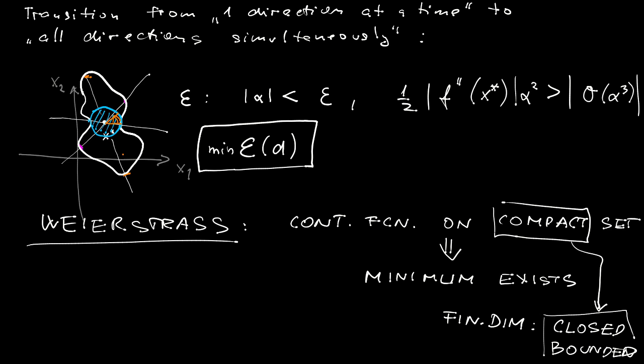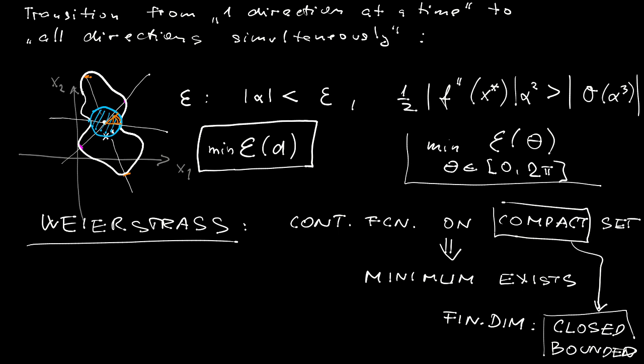So epsilon is a continuous function, and if we characterize the direction using the angle, the interval is closed. So we have a minimization of a continuous function over a closed interval, hence a minimum exists.